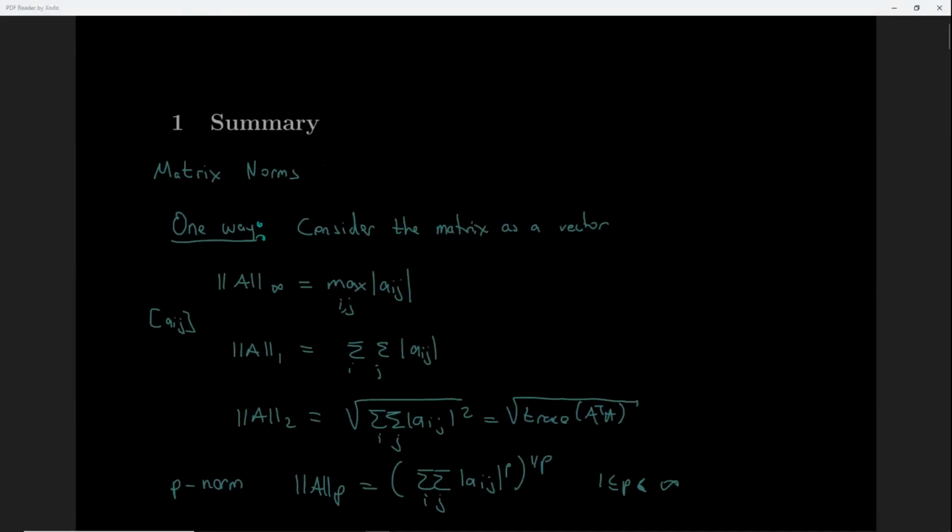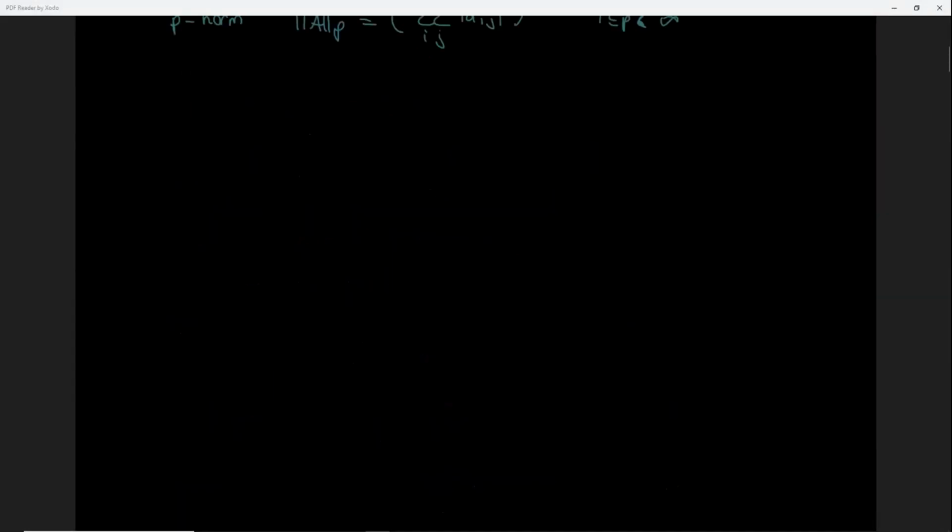And another way was to use induced norms. So we didn't have chance to talk about it much. We said that, okay, there is another way, and that is induced norms. So here, in the first part, we considered the matrix as a vector, okay? So this time the matrix is going to stay as a matrix, okay?